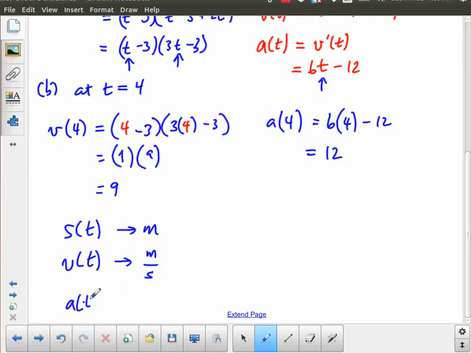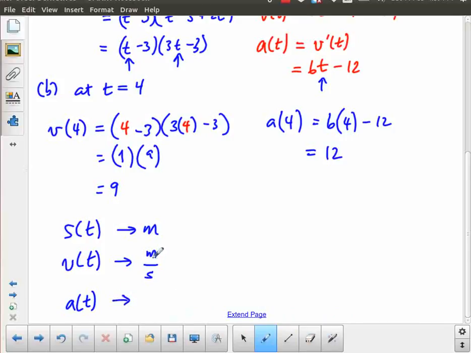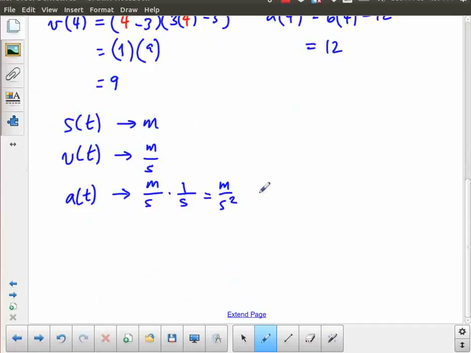And then our acceleration, we took the change in velocity, which was meters per second, and we also did that over time. So this one ends up being meters per second squared.